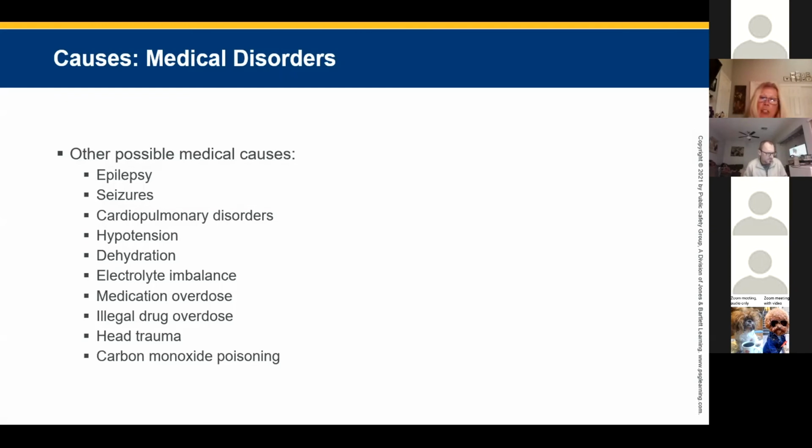How about dehydration? Tell me what it means. Not enough water. Right, not enough fluids to feed the body, to feed the brain, to feed the gut. So electrolyte imbalances, that could do it.